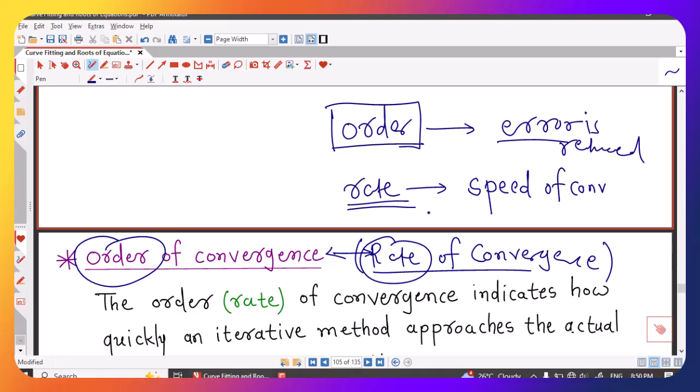It is related to the criterion of how rapidly the sequence of iterations will converge to the actual root, and order of convergence is how rapidly the error is reduced. And some textbooks consider these two words as synonyms of each other.